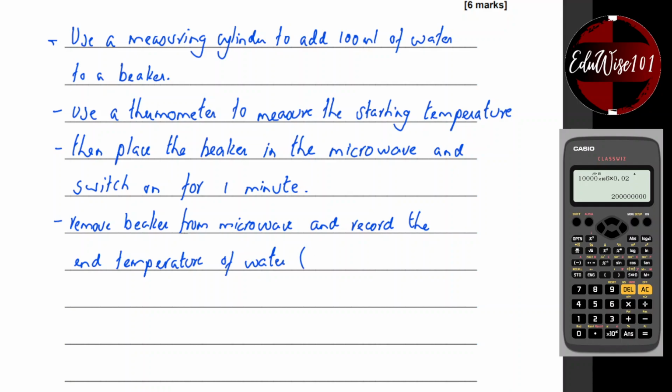In brackets, I'm going to write stir well before you do that. You want the water temperature to be uniform, so stir well, but you wouldn't want to leave it for too long before you take the temperature.